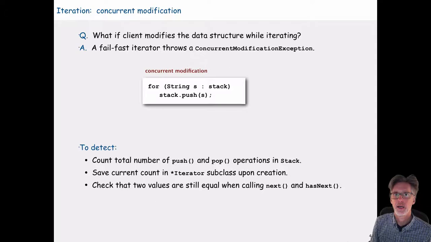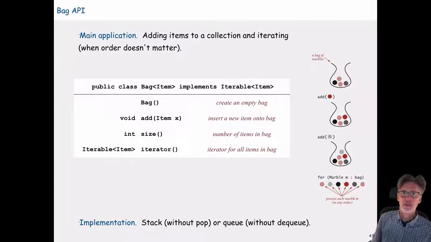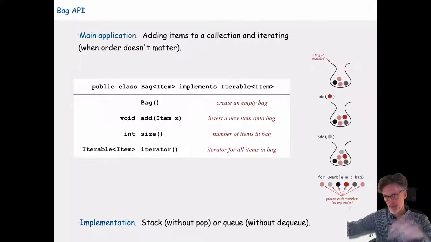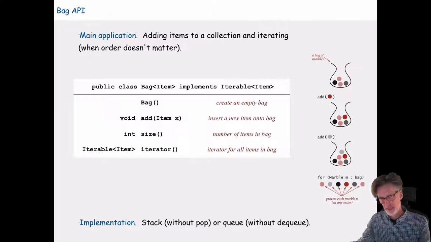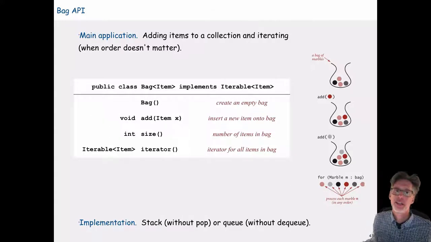Okay. So your book also uses a bag data type. A bag is like a bag of marbles. It's something that you can look at. You can look at your marbles, but you don't really care what order they're in.